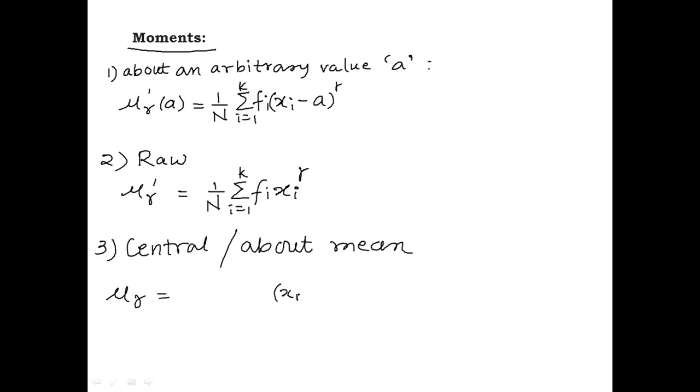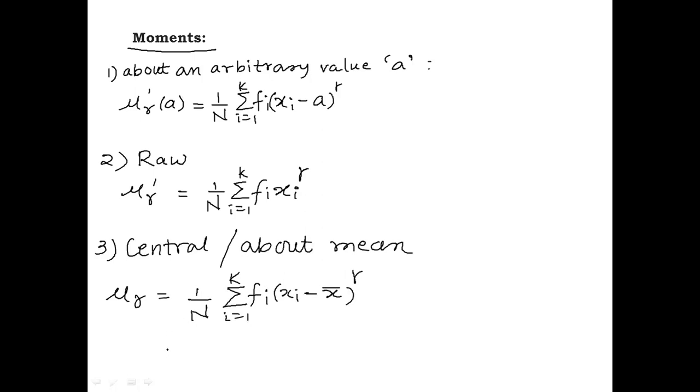So (xi minus x bar) to the power r is multiplied with fi, summation i from 1 to k, divided by capital N. Again, there is a relation between central moments and moments about some particular value A. That is another part.